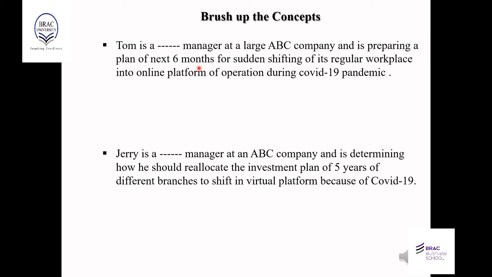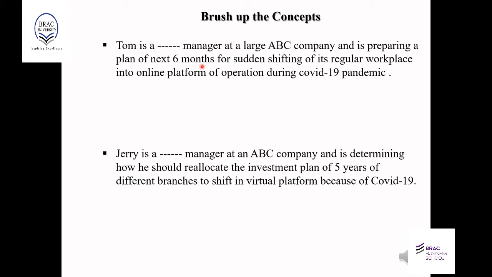Number 1 is what level of manager, number 2 is specialization area, and number 3 is what function he is performing. So if I ask what is Tom doing, we can find out the answer, he's preparing a plan. So according to the management process, he is doing planning.